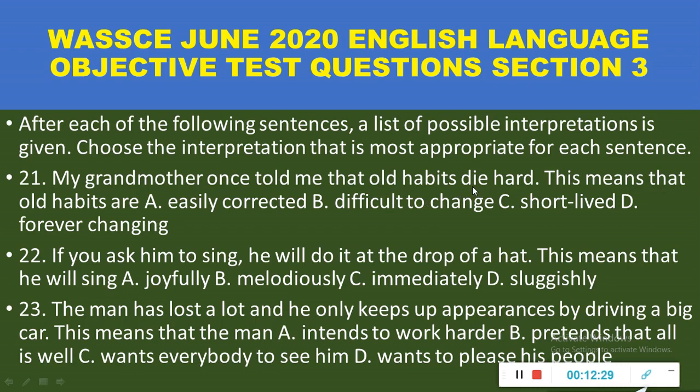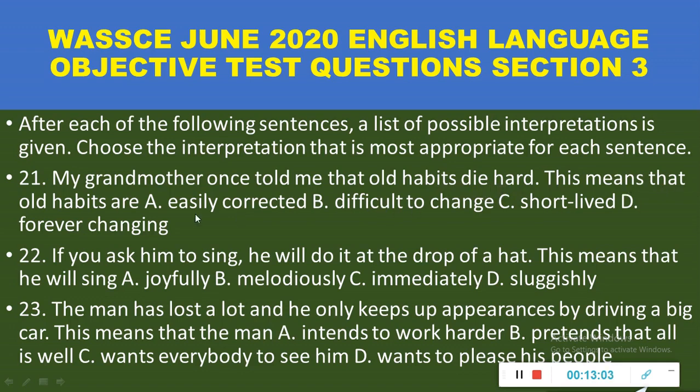Now, what picture does it create in your mind if something dies hard? The word die suggests that you want to kill something, and hard means that it is difficult to kill. When habits are bad, you want to stop the habit, and if they die hard, that gives you the impression that you want to kill something but it is hard to kill.